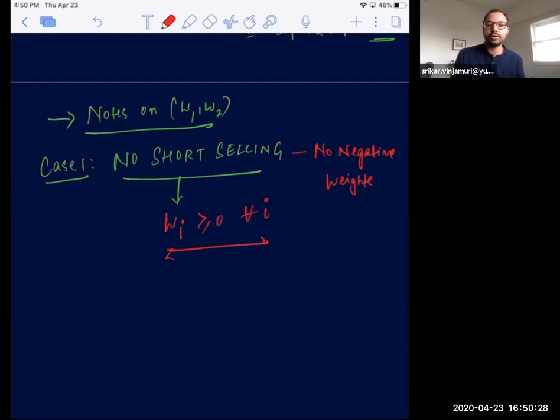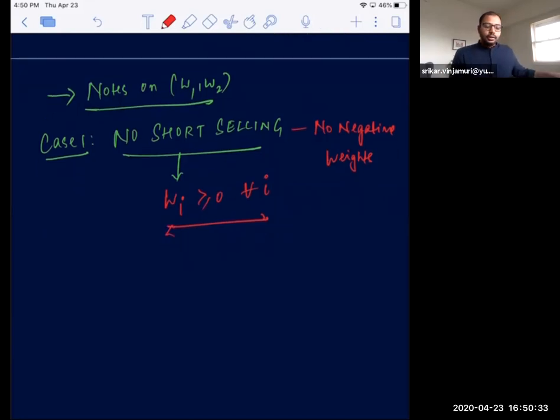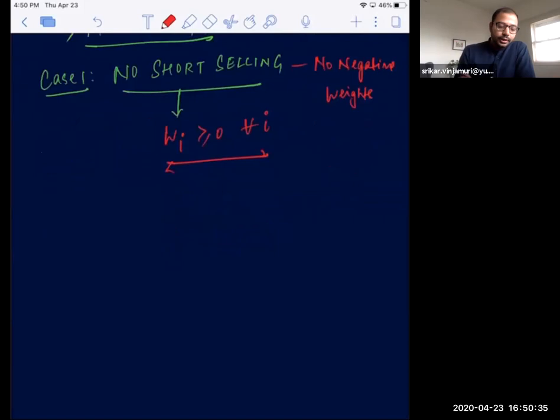That's basically what no short selling allows for. So if there is no short selling, then the maximum expected return on the portfolio, Rp here now represents the expected return on the portfolio, is going to be the maximum of one of these individual returns.